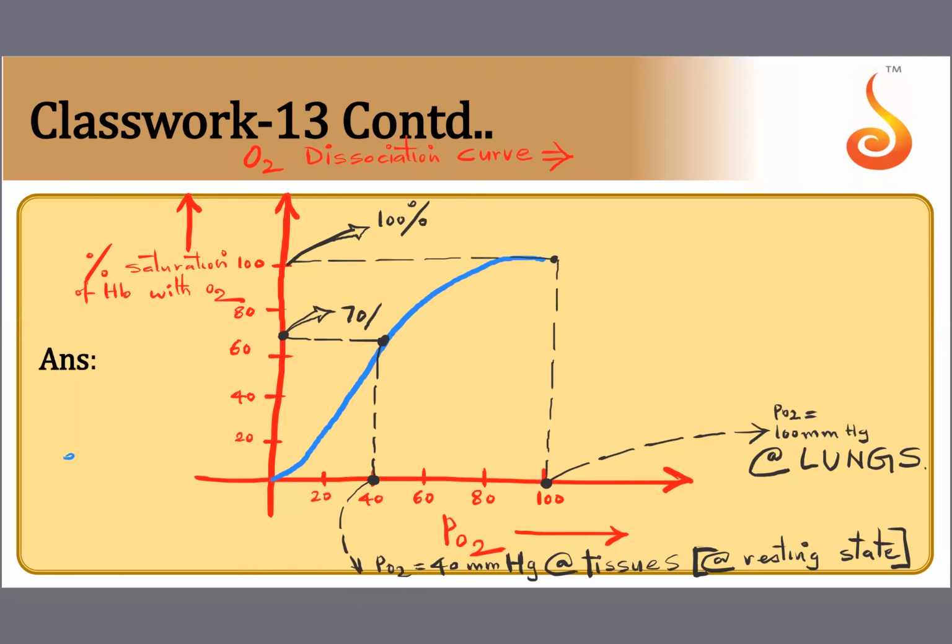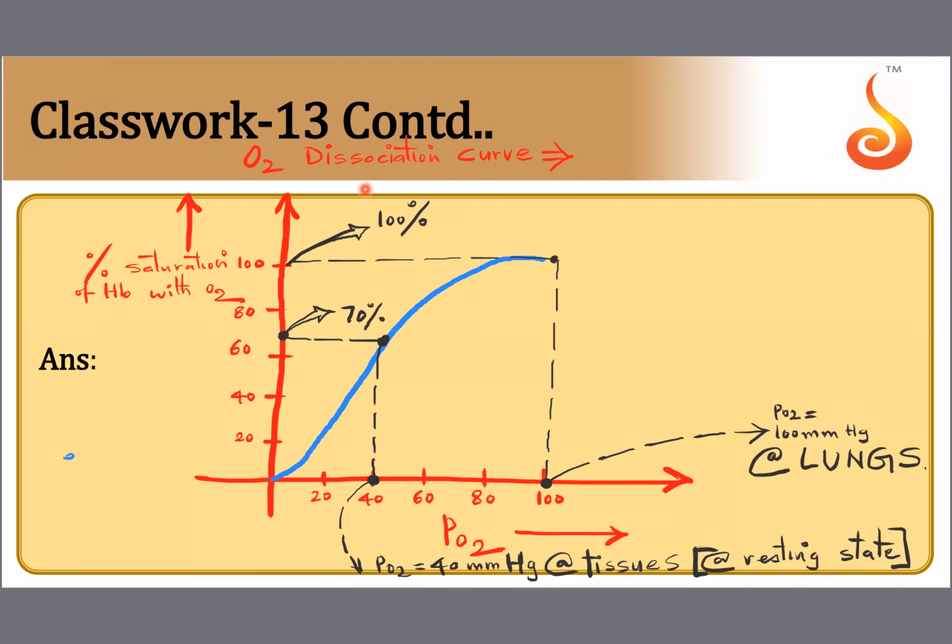So what is this telling you? It is telling you that at your lungs, the partial pressure of oxygen is so high that all the hemoglobin molecules have become bound to oxygen. That is why the saturation is 100%. None of the hemoglobin molecules are free. Every hemoglobin molecule is in love with oxygen.